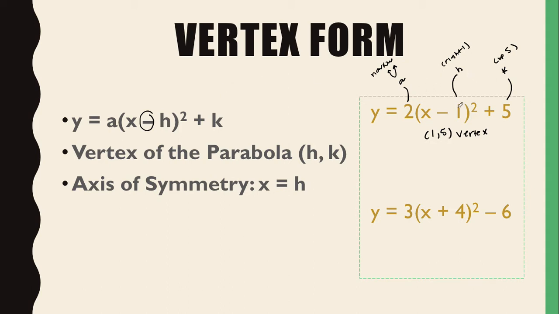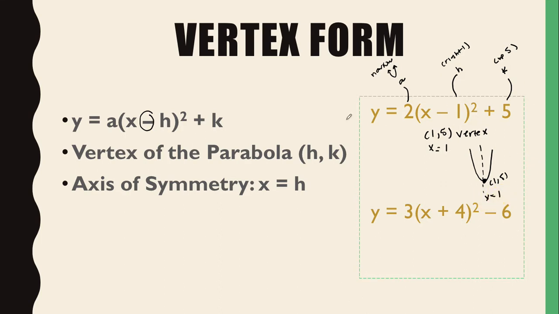Okay, so my vertex is at (1, 5), meaning my axis of symmetry is at x equals 1. So my graph is facing up, has a vertex at (1, 5), and has an axis of symmetry at x equals 1, okay?